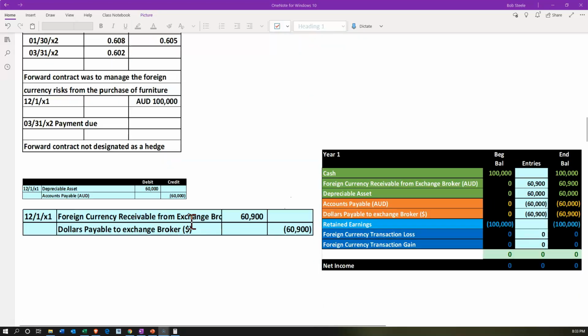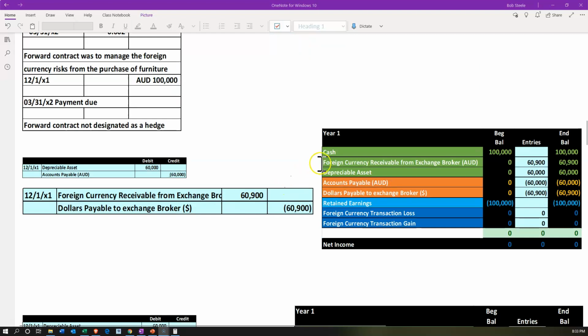So when we put this on the books, we're going to put a receivable and a payable, an asset and a liability, on the books. The asset's going to be called foreign currency receivable from the exchange broker. It's in Australian dollars, meaning we're going to get Australian dollars in the future. The payable is going to be the dollars payable to the exchange broker. It's in dollars, meaning it's not going to change. Basically, we're just going to pay U.S. dollars at the end of the day.